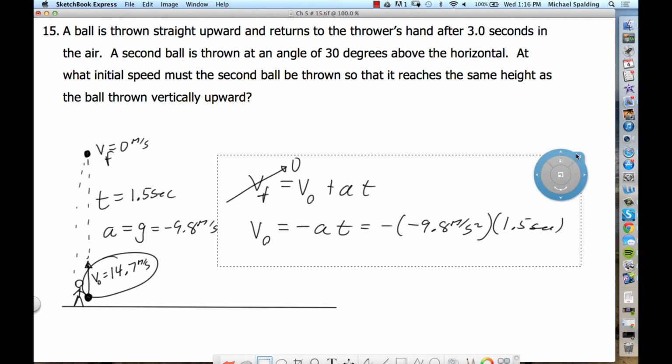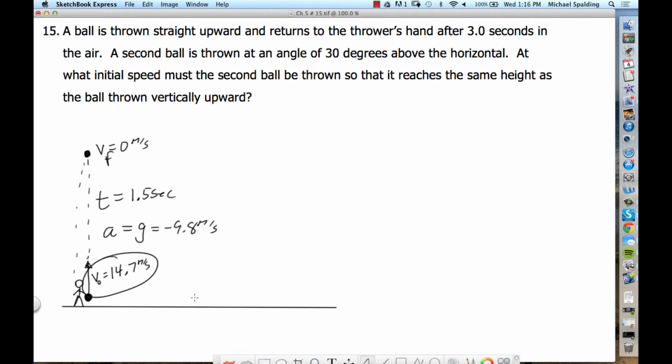Okay? Now, second part of the problem, which is really what we're solving for, the question here is, if a second ball is thrown at an angle of 30 degrees, okay, so we're going to put a guy right here, and now this guy is going to throw the ball at an angle of 30 degrees. Everybody knows what above the horizontal means now, right? Above the horizontal can go anywhere. Look, dot, dot, dot, dot, dot. That's the horizontal.